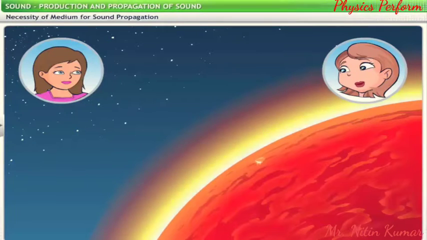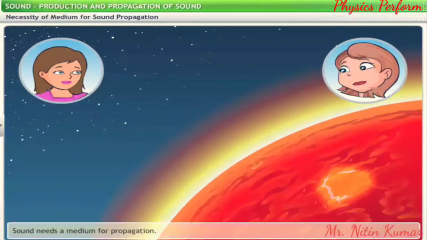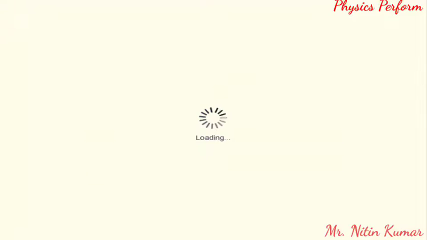The reactions of gases in the sun result in explosions that produce light as well as sound. Why do you think we are able to see the sun's light, but not hear the sounds of these explosions? Because sound needs a medium to travel.